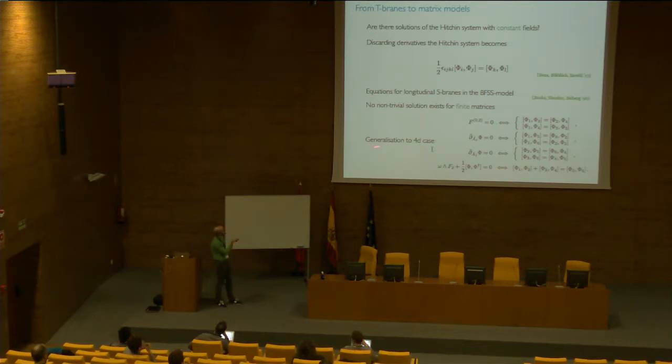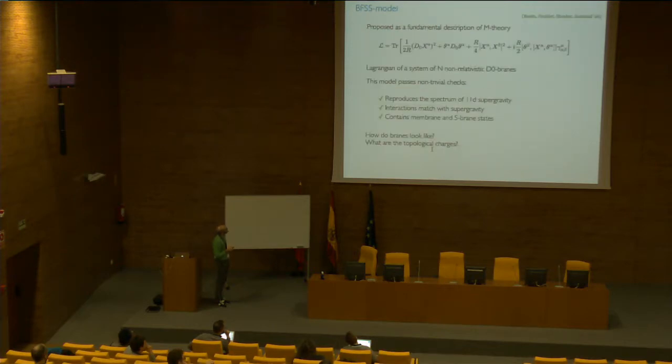One can generalize this to the 4-dimensional case. In this case, you have many more equations, but the system is similar in spirit to the one I described before. So let me say a bit what the BFSS model is. It was introduced in the 90s as a fundamental description of M theory. You have a Lagrangian, it's a quantum mechanical model, so there's no quantum field theory. And you have a Lagrangian that has this form, which basically comes from a system of N non-relativistic D0-branes.